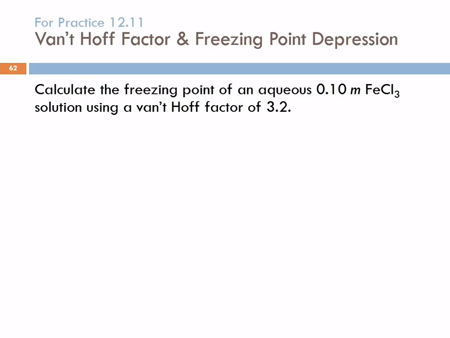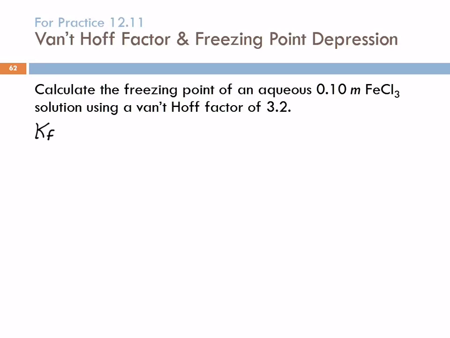So calculate the freezing point of an aqueous 0.1 molal iron(III) chloride solution using a Van 't Hoff factor of 3.2. So we want the freezing point, we're going to need the freezing point constant, which I think was 1.86 for water.